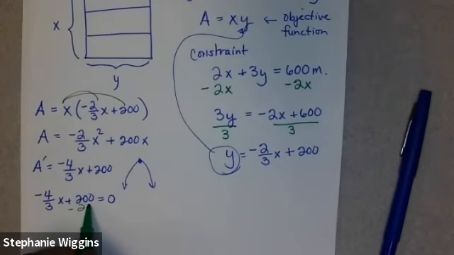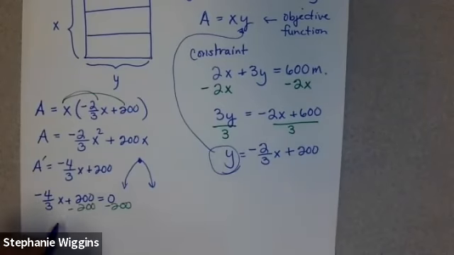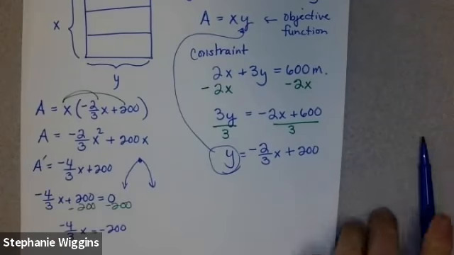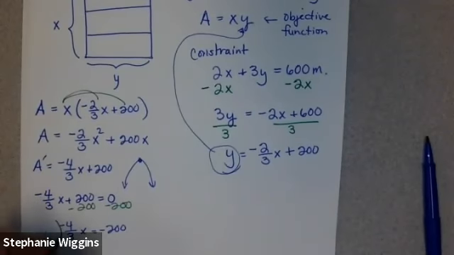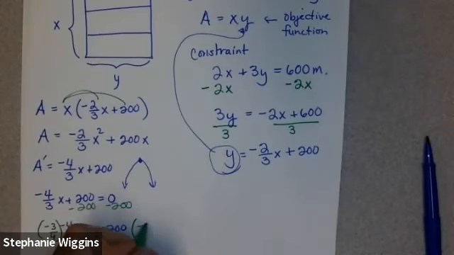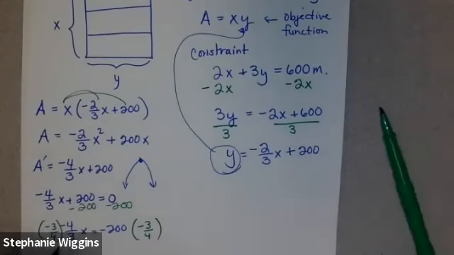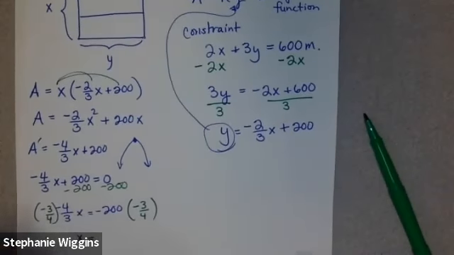And I subtract 200 from both sides. Then I'm just going to multiply both sides by negative 3/4. That will give me 1X on the left. And on the right, it'll give me 150. So I get that X equals 150.